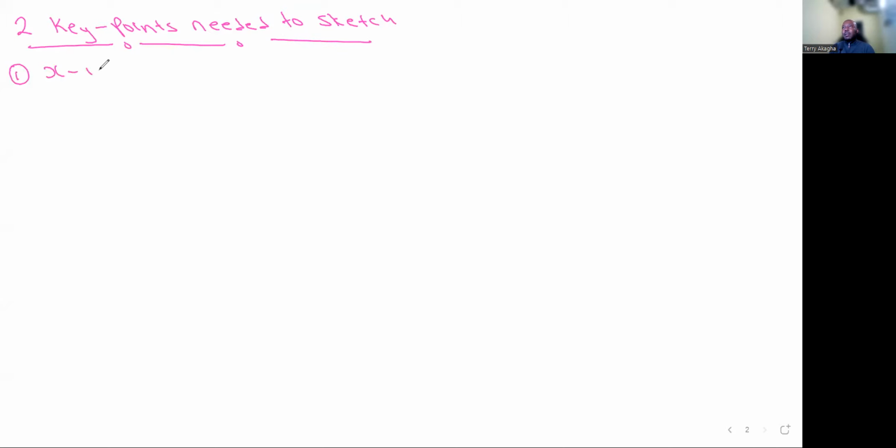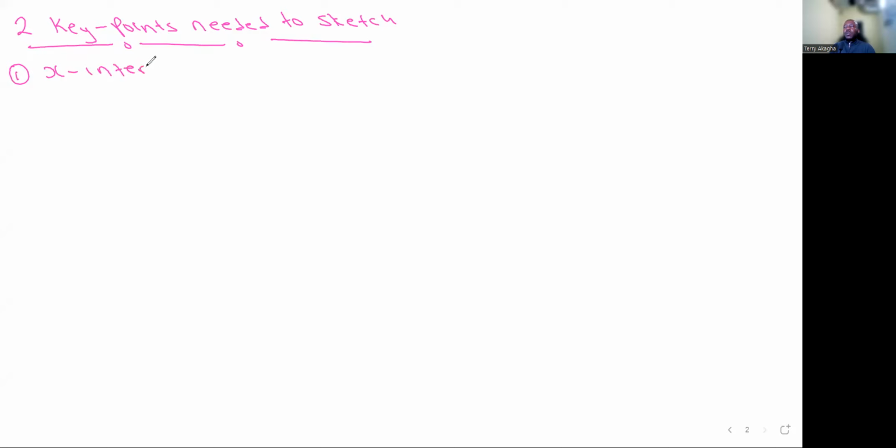Let me quickly go into how you now sketch. Before you sketch, there are 3 key points that you need, okay? So there are 3 key points needed to sketch. The first thing, to sketch a linear graph, you need the x-intercept.